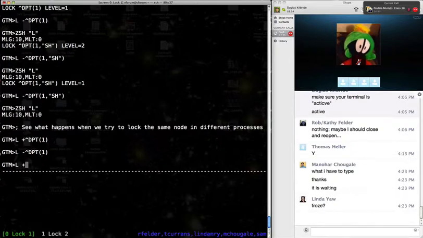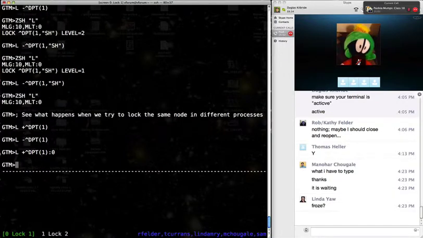So most of the time, the way you want to lock something in VISTA is lock plus up caret, whatever global you want, timeout of 0. After you do that, you test the value of $test, which we talked about. That's the same variable used by if and else to see if the lock succeeded.